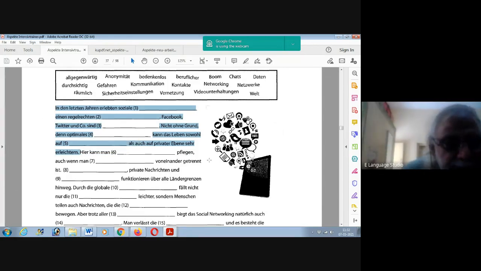In den letzten Jahren erlebten soziale einen regelrechten something. Facebook, Twitter und Co. sind etc. Nicht ohne Grund, denn optimale something kann das Leben sowohl auf beruflicher als auch auf privater Ebene sehr erleichtern. Okay.